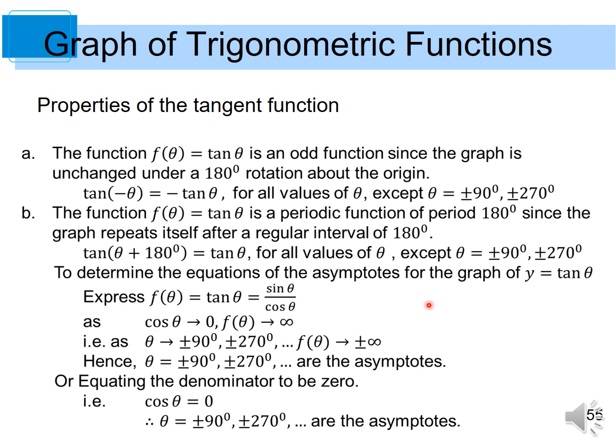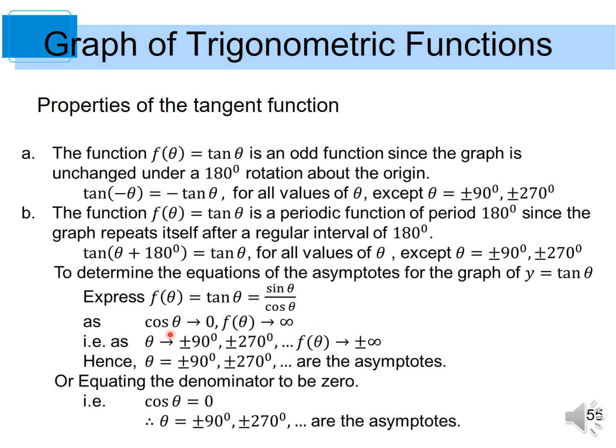The tangent graph has asymptotes because tangent theta can be written as sine theta over cosine theta, which is a rational function. And recall the definition of a rational function: the denominator cannot be equal to 0.